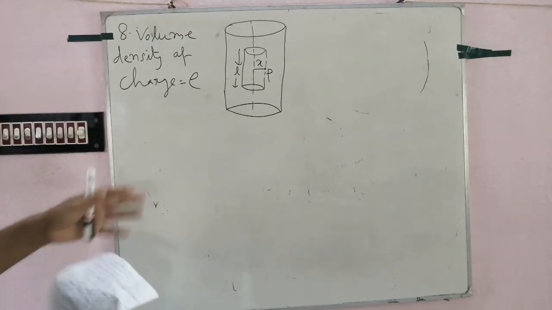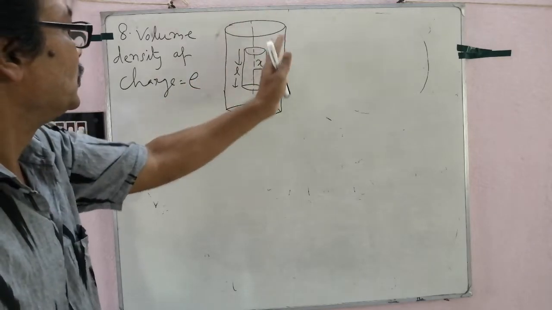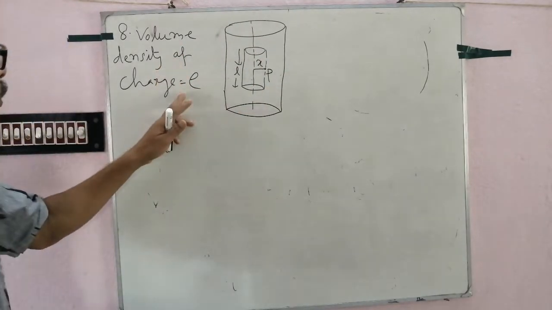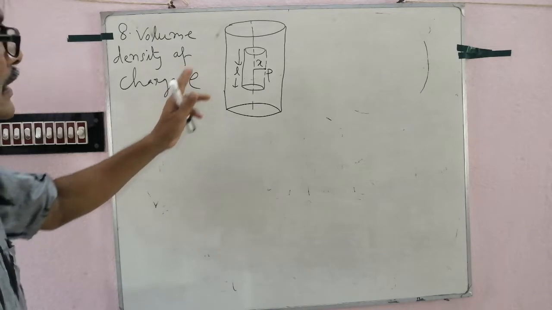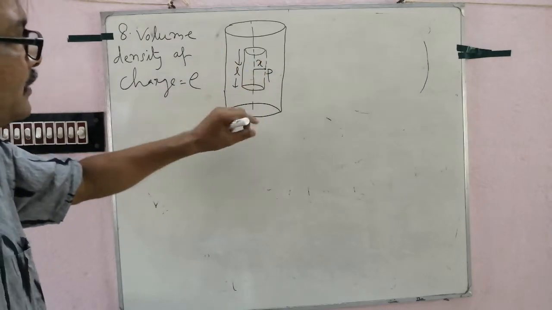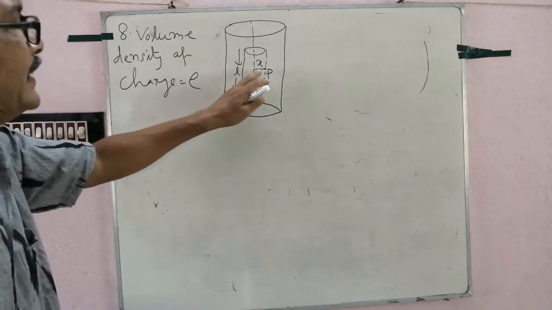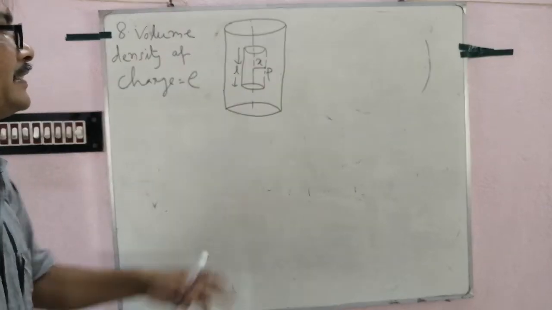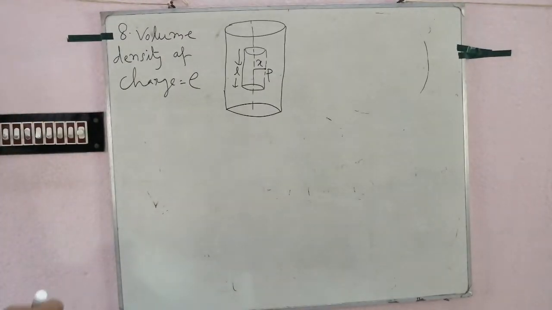So the question again: a big cylinder with volume density of charge rho, and inside it a small cylinder of length L and radius x. At a distance x, at P, you have to find the field.